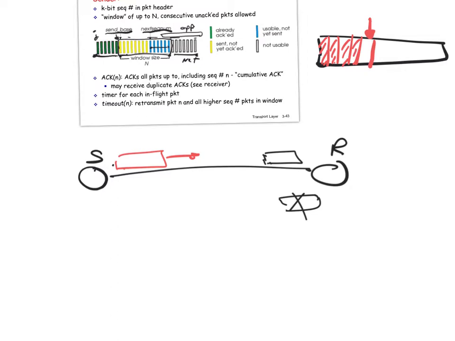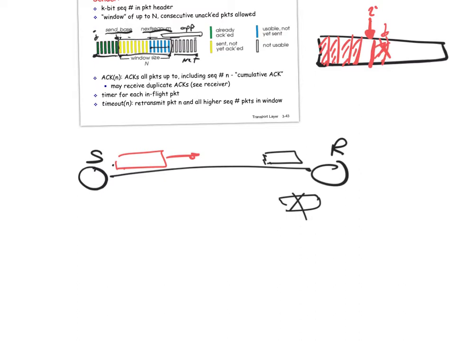As we said, assume that this segment has a sequence of I. Can I receive a sequence number I plus 1? No, because in go back n, the reception is always in order. So if we receive a packet with a sequence number I plus 1, I will not accept it. I will not insert it in the buffer.